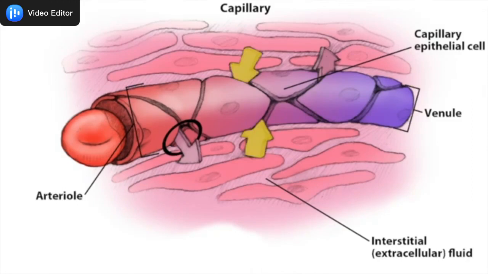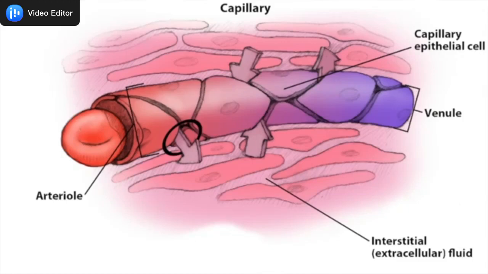As blood is forced into capillary beds through arterioles, fluid containing oxygen, nutrients, and other cellular materials is pushed out of the capillaries into the extracellular spaces, allowing exchange with cells of the surrounding tissue. It is thus said that hydrostatic pressure drives fluid out of capillaries.